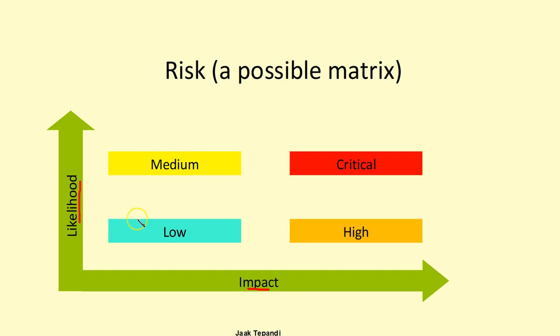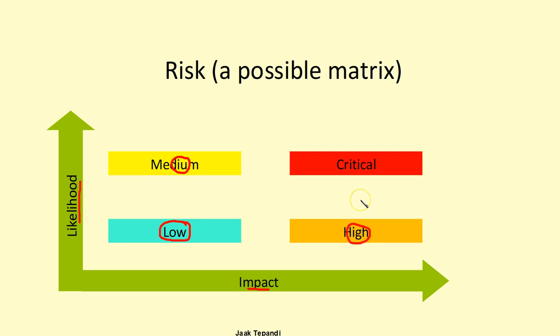But depending on these characteristics, for low likelihood and low impact risks, we might say that the risk is low. For low impact and likely events, we might say that it's medium. For high impact, low likelihood risks, we might say that it's a higher risk.